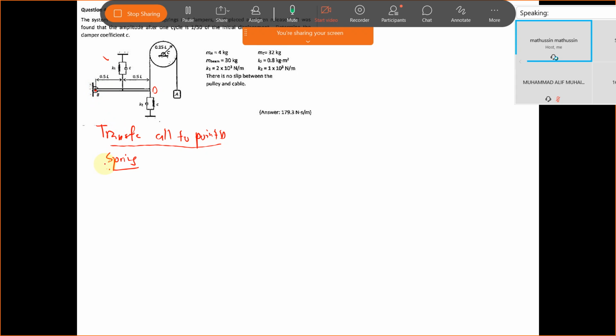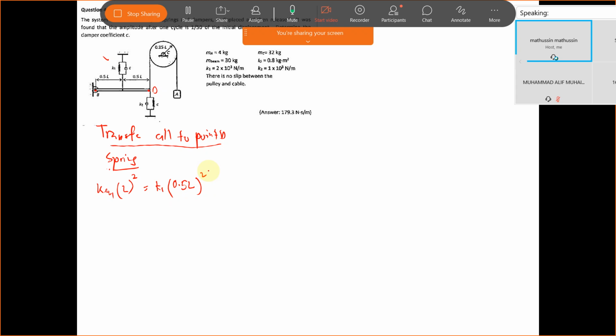Okay, so what happened is that we have K1, we need to transfer K1 to here. Then our K equivalent 1 must be multiplied by the distance from B, which is L, isn't it? Which is L squared, equals the distance from B to K1, which is K1 times 0.5 L squared.